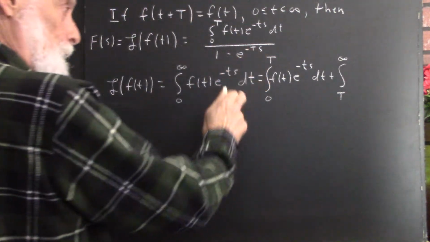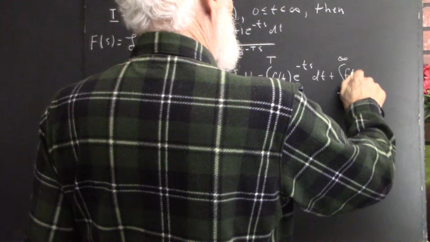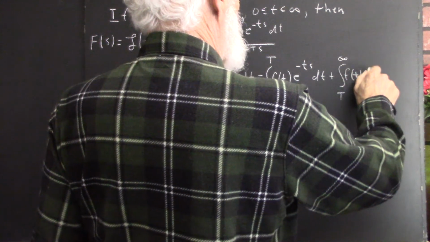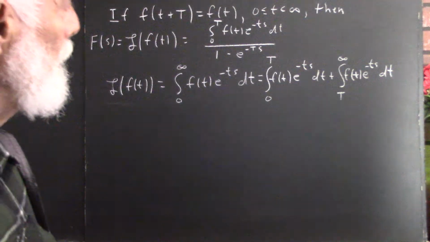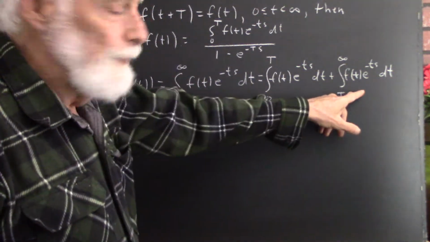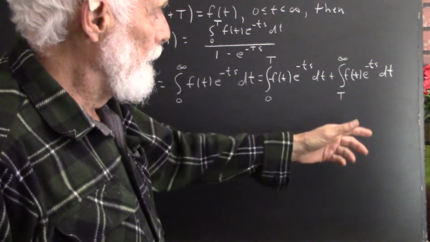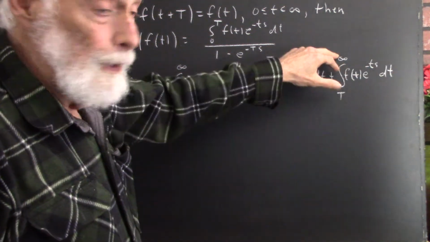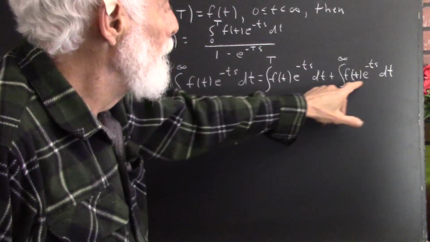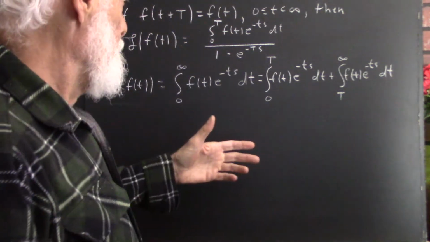That's 0 to capital T, and capital T to infinity. Now this integral is just the integral of f of t e to the negative ts, but shifted T units to the right.